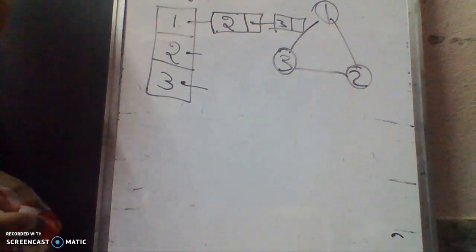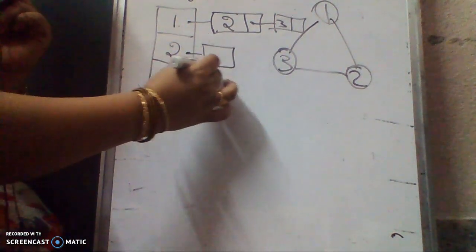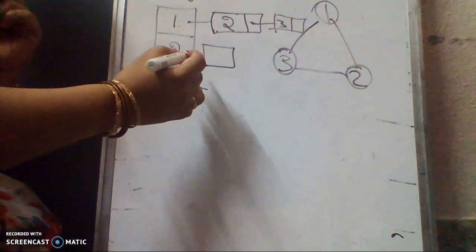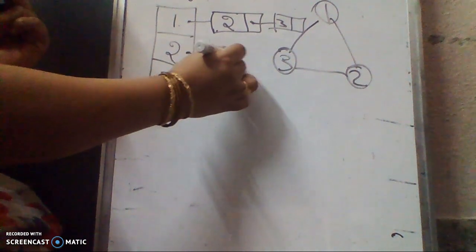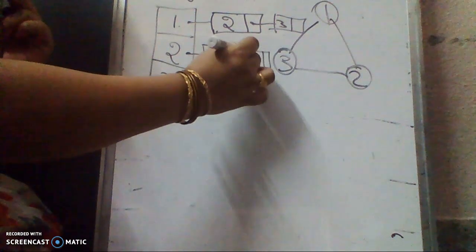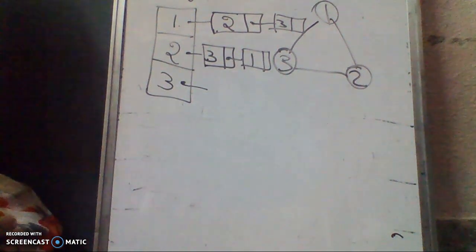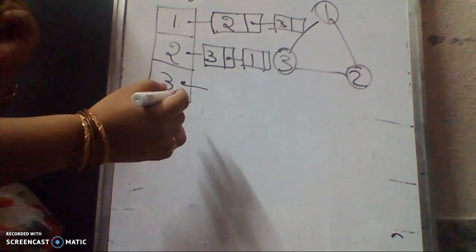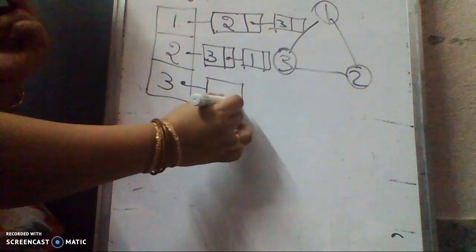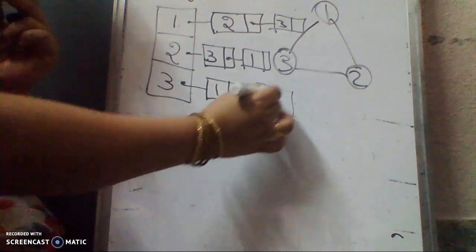Vertex 2 has adjacents 3 and 1, so create two nodes, one for 2 to 3 and one for 2 to 1. Like this we'll create the linked list. Vertex 3 has two nodes as adjacents, 1 and 2, so create the two nodes 1 and 2.